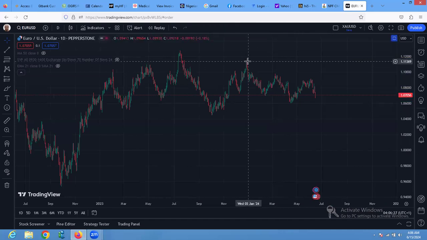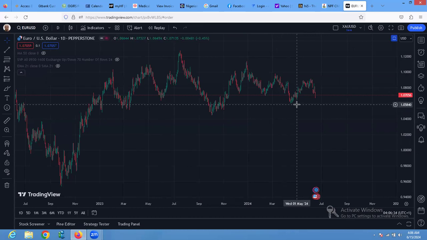So we know that A to B gave us an extension of A to 123, which is this area.